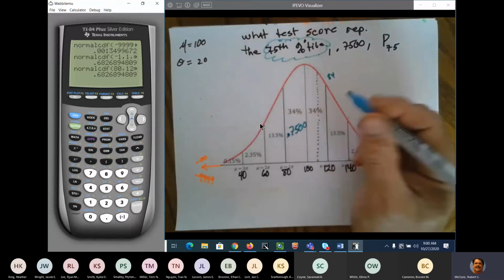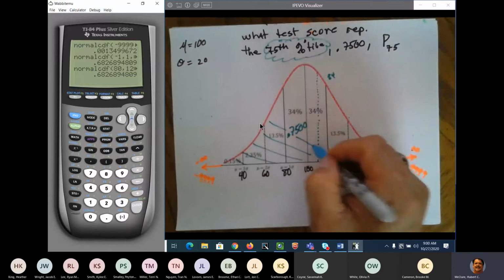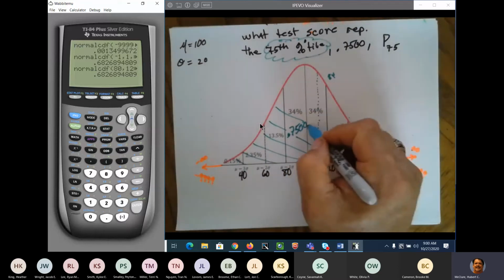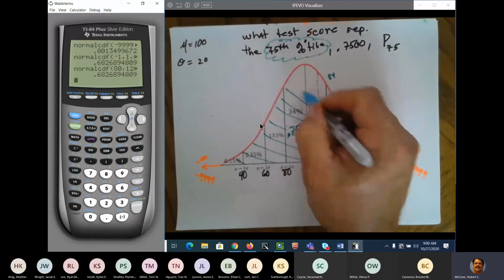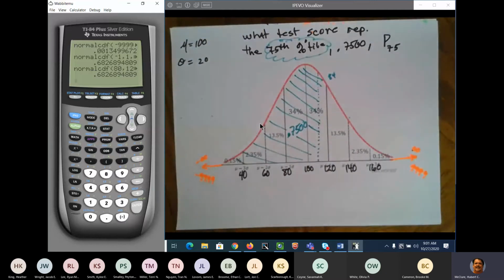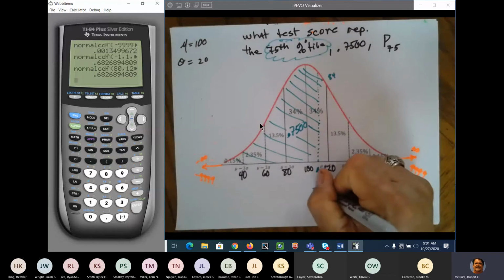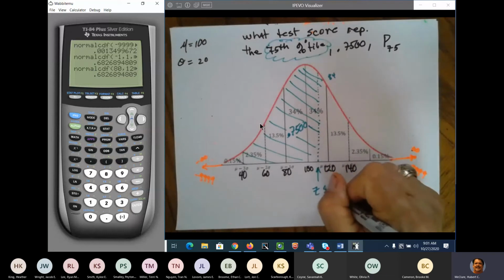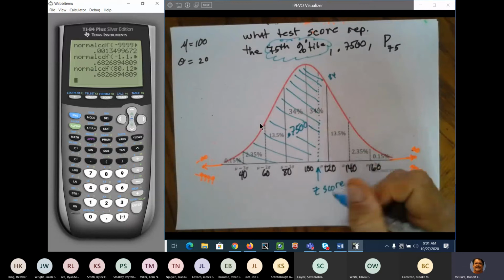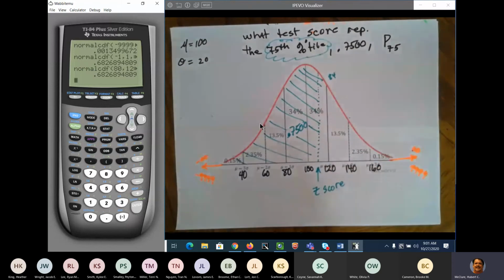0.7500. Okay. And we don't have a z-score for the old calculator, and we don't have a real score with the new calculator because we haven't typed it in yet.